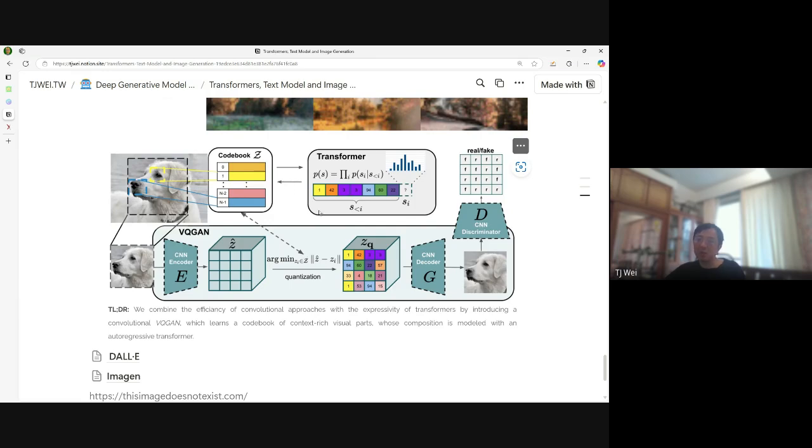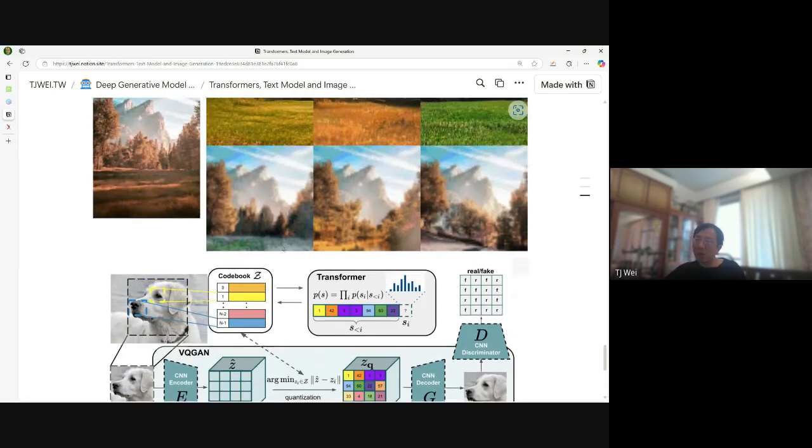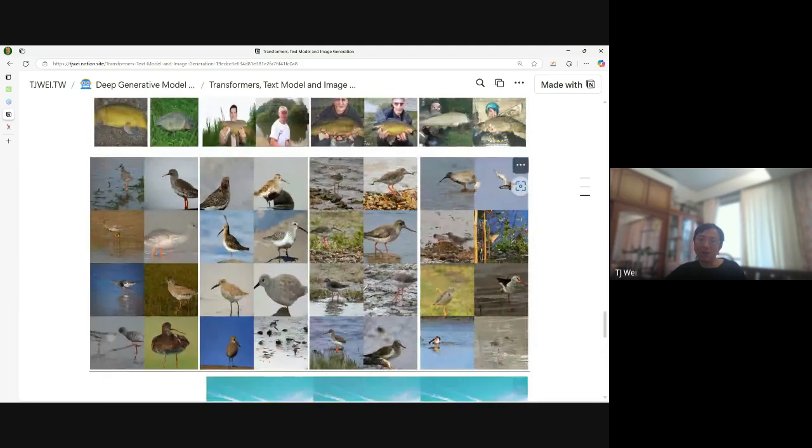We're using a diffusion model like a UNet right here, and we use a different way to guide the diffusion model by the text prompt. But the elegance of this VQGAN approach is that it is so natural to use a text prompt to guide the image generation, because they are just a sequence, so we can do it pretty much without any modification. So this one is actually the first generation of text-prompt-based image generation.